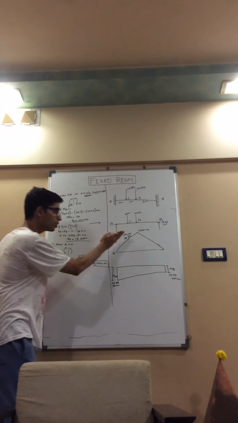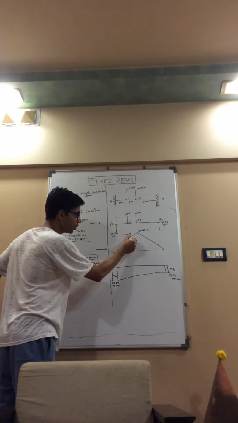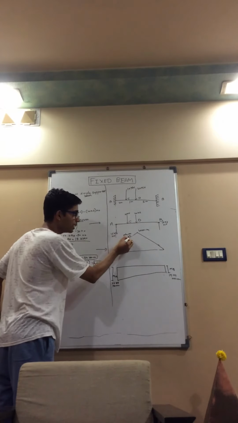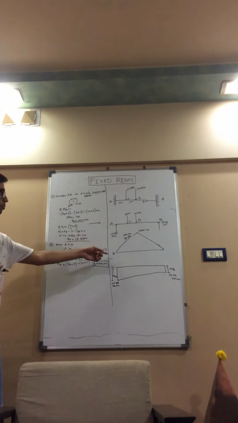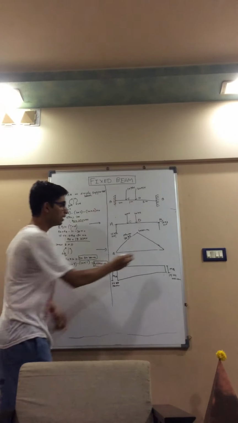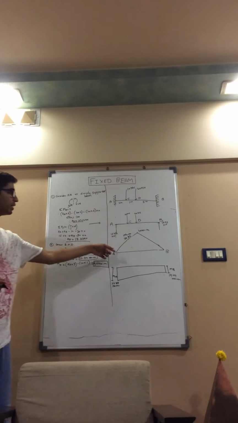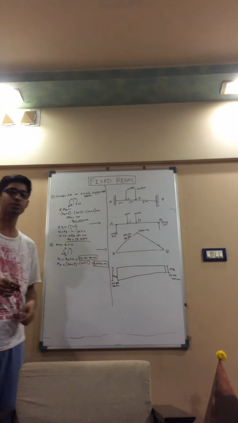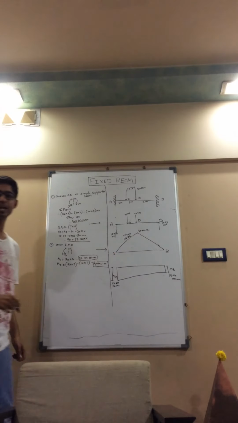Again, it will be shown by an inclined straight line, students. So from C to D, I have shown an inclined straight line. And after this, you started from A, you ended at B. It is not required to be shown that moment at A is equal to 0, moment at B is equal to 0. In this way, you go on to finish your bending moment diagram.